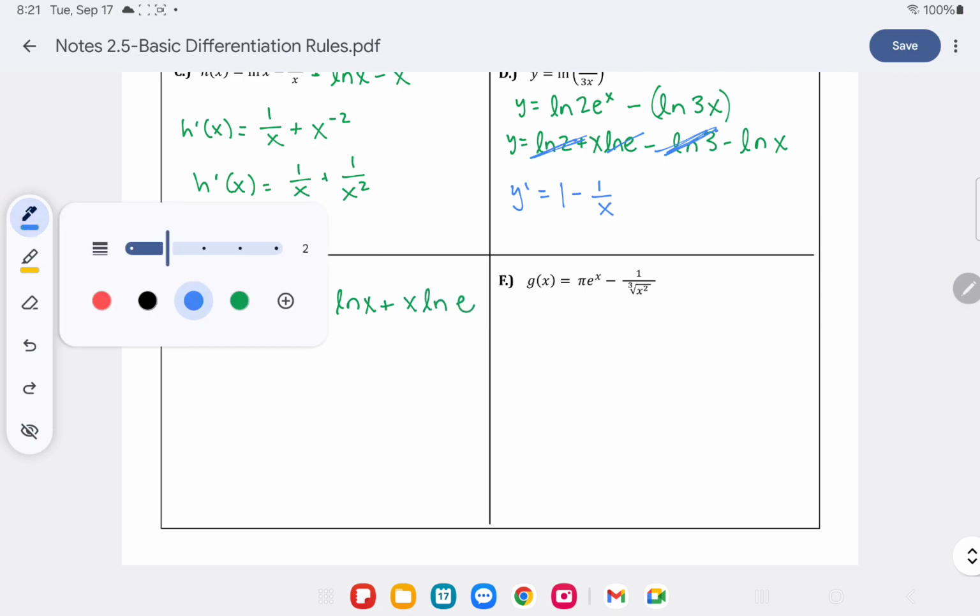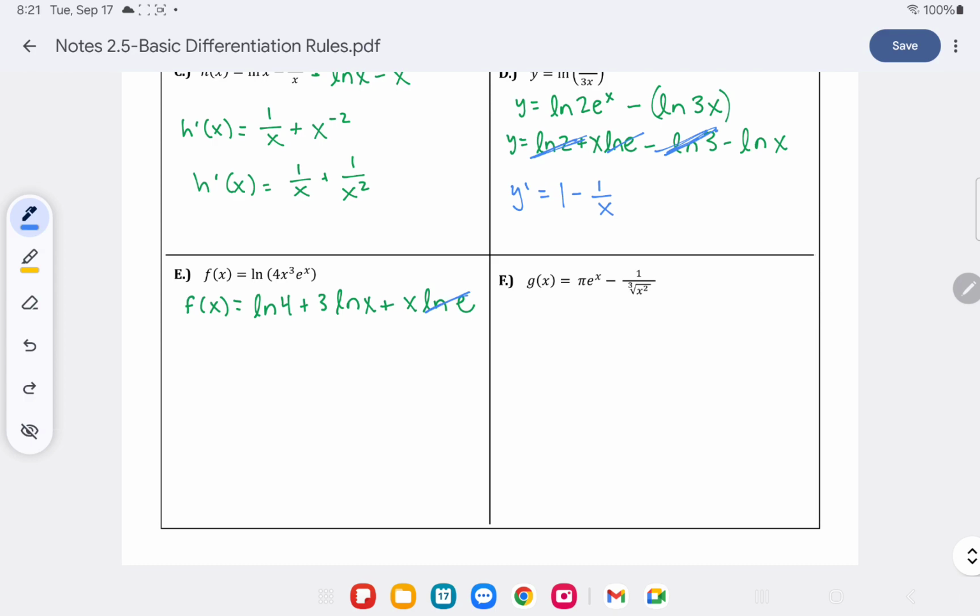And again, ln of e is just 1, so that's just x. Ln of 4 is a constant, so when we go to take the derivative, that's just 0. The derivative of ln of x is 1 over x, so we have 3 over x, and the derivative of x is just 1.